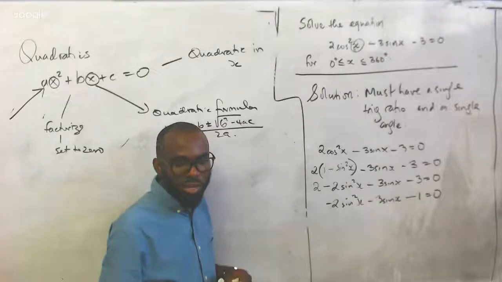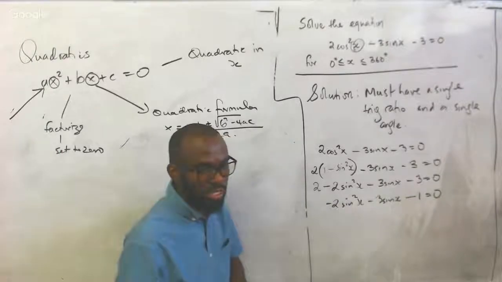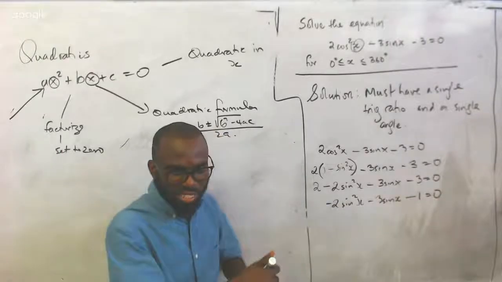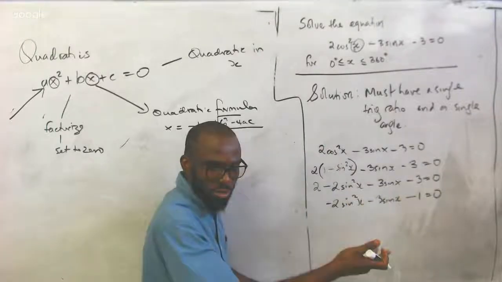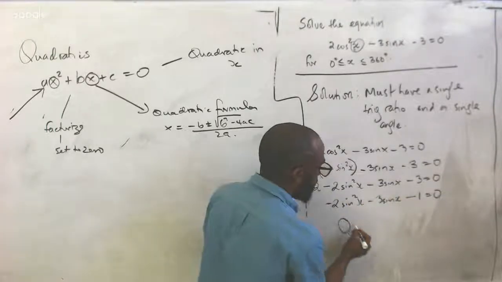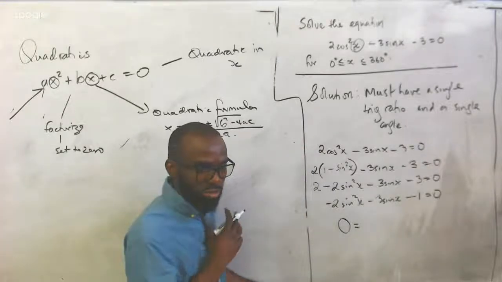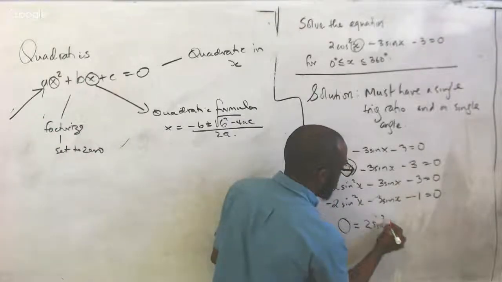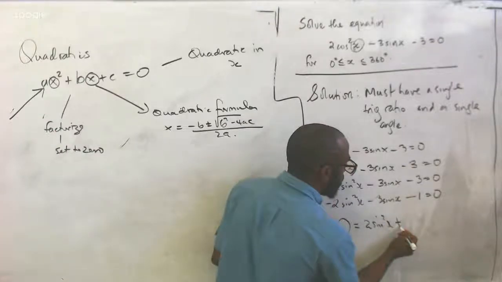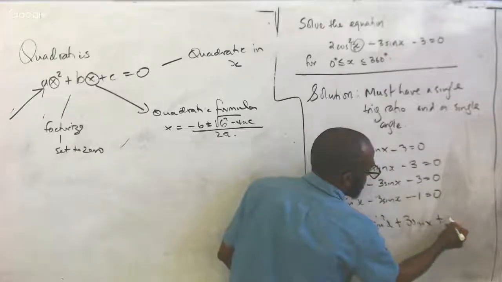I will either multiply both sides by minus 1 or bring everything to the other side of the equation. The other one is easier. So if I bring this over the equal sign, it comes over as plus. We're leaving nothing on this side, because everything needs to be on one side when we're solving a quadratic equation, and 0 is on the other. So this would have been 2 sine squared of x plus, and this also comes over, 3 sine of x, and this goes over plus 1.